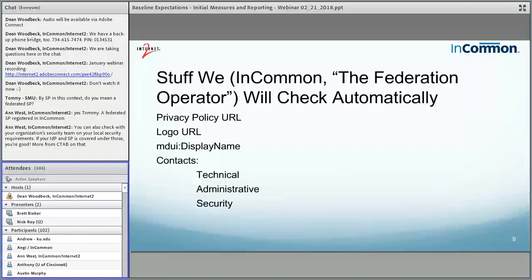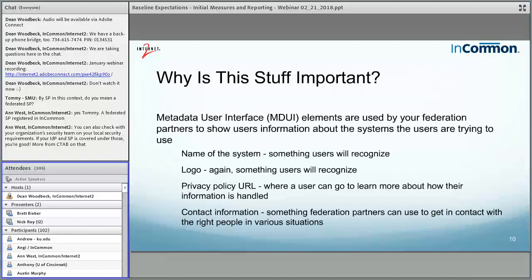These are basically things that the Community Trust Assurance Board and InCommon staff have worked together to identify as things that are fairly easy to check and things that help improve communication across the Federation and help improve the user experience. And thus, these are the things we'll be telling you about to start with, at least.